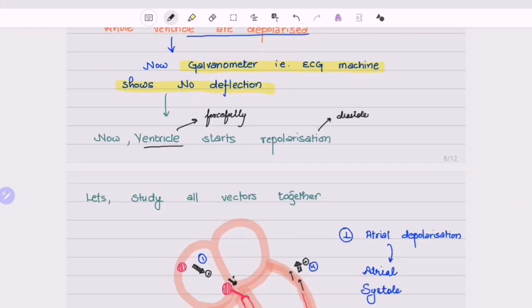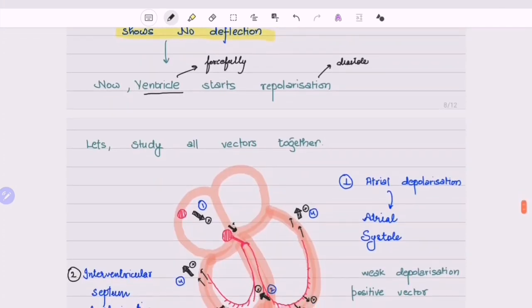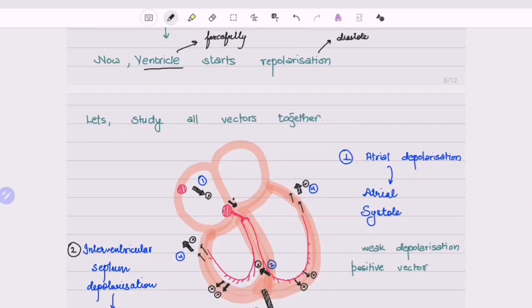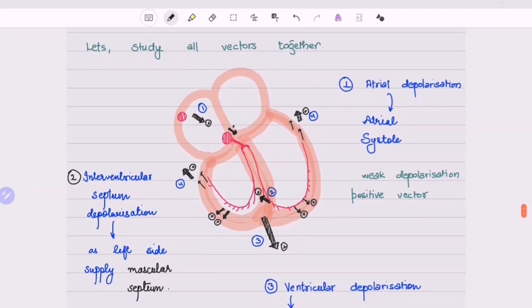Now let us summarize all the vectors that we have discussed above and correlate them with the heart activity and the paper reading. Firstly, as the SA node produces the electrical impulses to the atria, the depolarizing wave is produced which travels through the atria, causing the atrial depolarization, which further leads to the atrial systole as in mechanical activity.